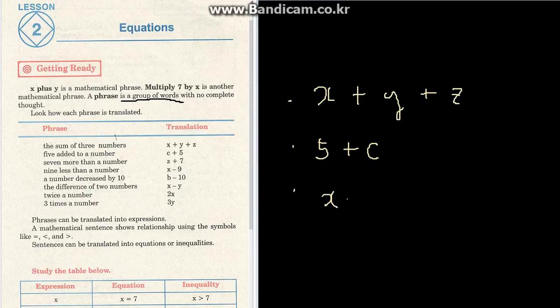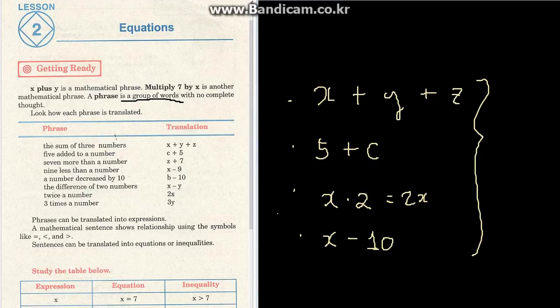There is a number and it's been multiplied by 2, which is 2x, right? And a number decreased by 10. So there is a number x, and it's been decreased by 10, right? So those are the ones that have been translated from the phrase into a mathematical phrase.